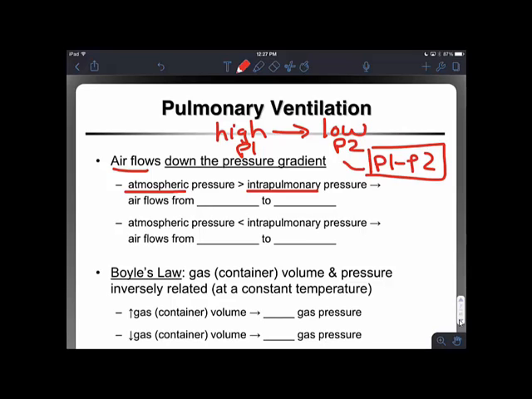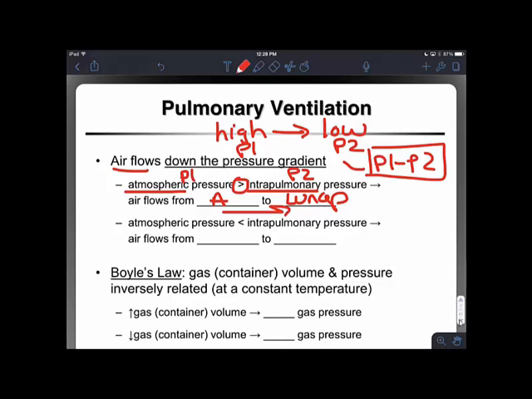If the pressure is greater in the atmosphere, which direction is the air going to flow? It's going to flow from high to low. So it's going to flow from the atmosphere into the lungs, because atmospheric pressure is greater than intrapulmonary pressure, so it flows from where it's highest to where it's lower.